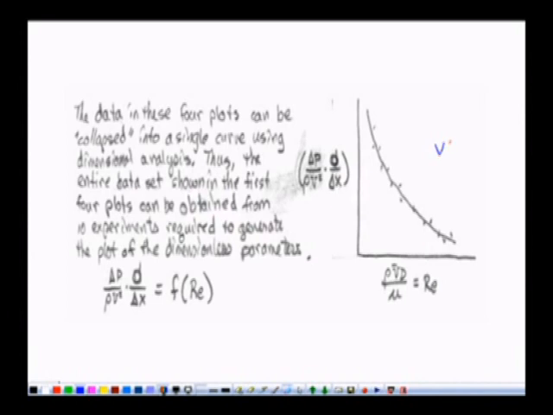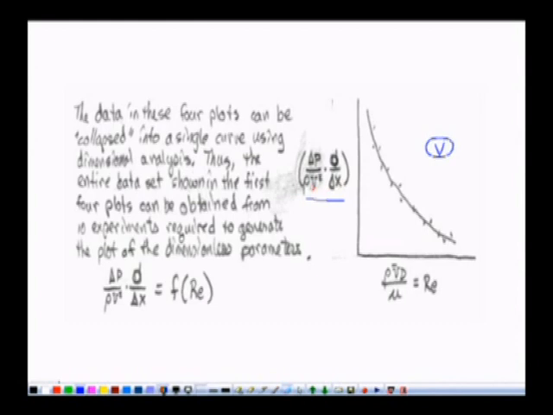by simply varying the velocity v in a pipe, and we define these two parameters: rho v d divided by mu, and here is again another dimensionless number, del P divided by rho v square into d over delta x. This is another dimensionless number.